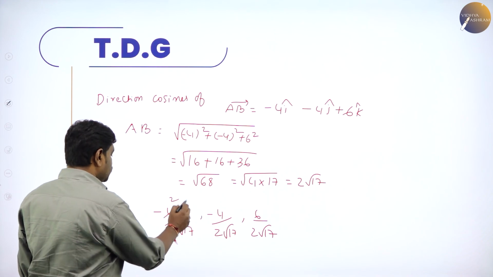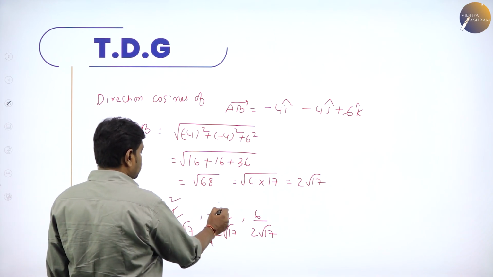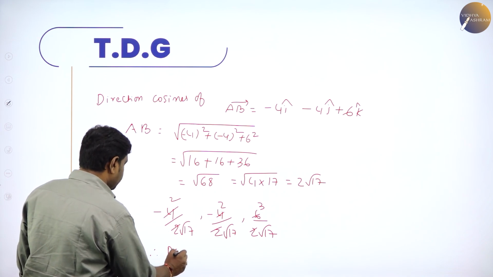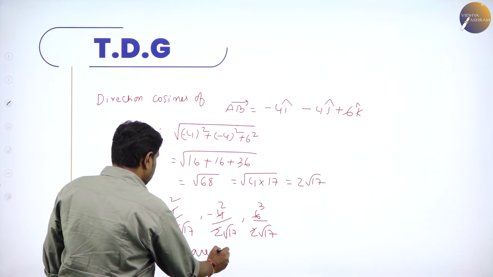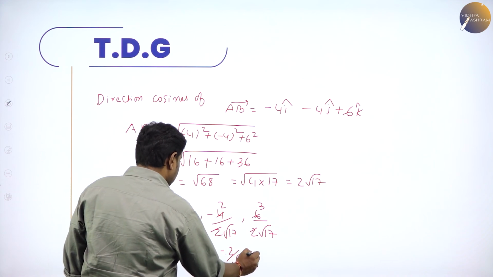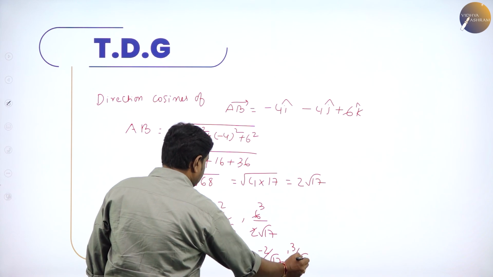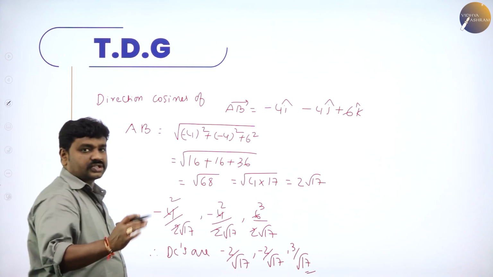Both are divisible. So therefore direction cosines are minus 2 by root 17, minus 2 by root 17, and 3 by root 17. These are the first pair of direction cosines.